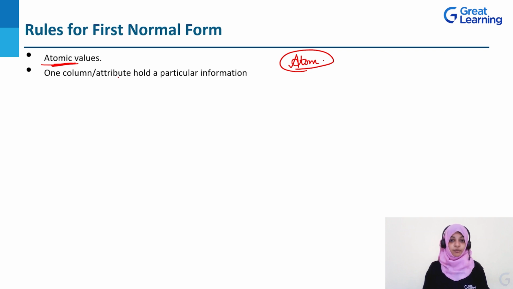That is what the first normal form says, that each and every value in a given table has to be of such a form that it can no longer be divided into a smaller part of itself. This actually means that each and every column that we have in a table has to hold only one particular information within itself. Let us look at this with an example.